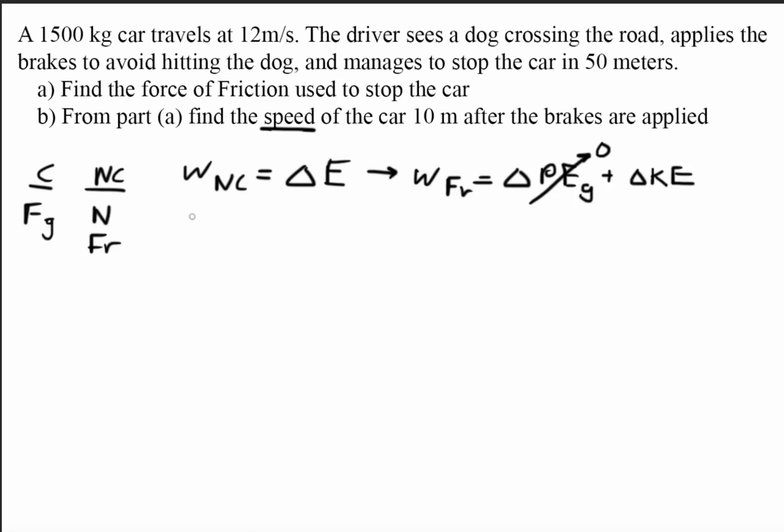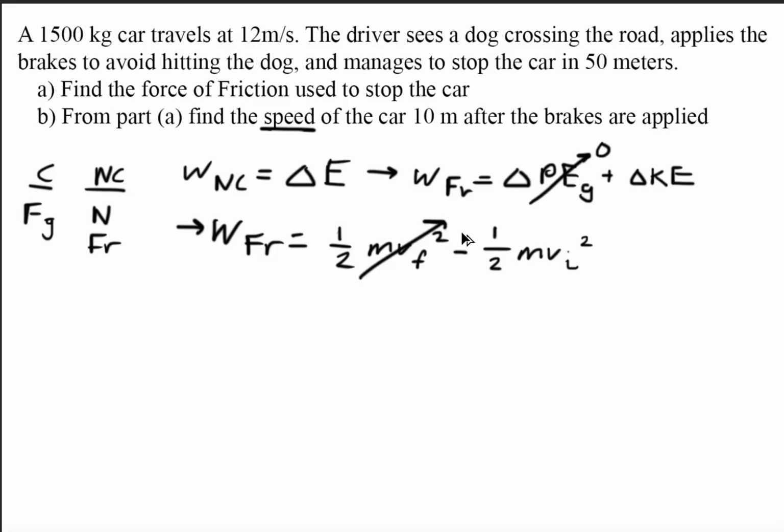So if we continue writing this out, the work done by friction is equal to 1/2 m v final squared minus 1/2 m v initial squared. The difference between this situation and part A is that in part A we were able to cancel this out because it was stated that the car comes to a complete stop.